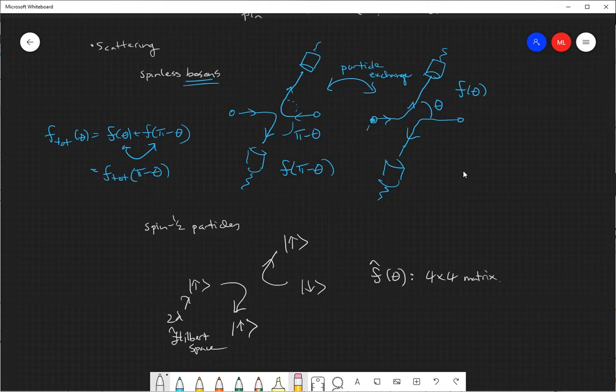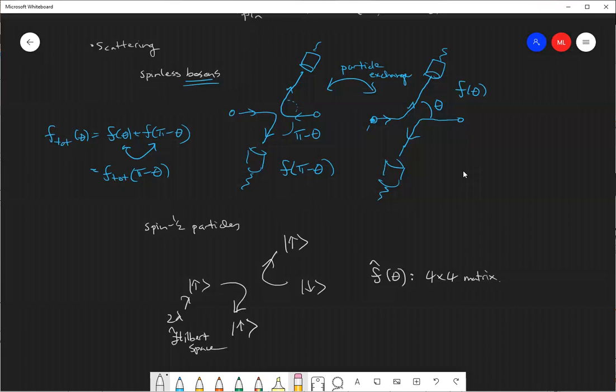And so there's a scattering amplitude associated with each of those different combinations for a total of 16 different possibilities. It might be kind of surprising that already at spin 1/2 you have so many possibilities, but it's true if you think about it. There's just lots of different ways that you can send spins in and have them come out, right? You can enumerate them if you want, up up to up up, up up to down down, up down to up down, and all those. So it's a 4x4 matrix.